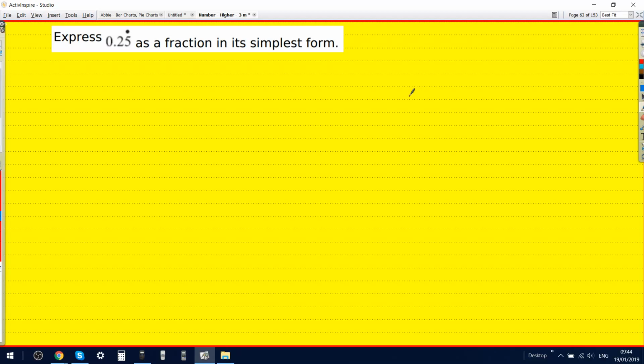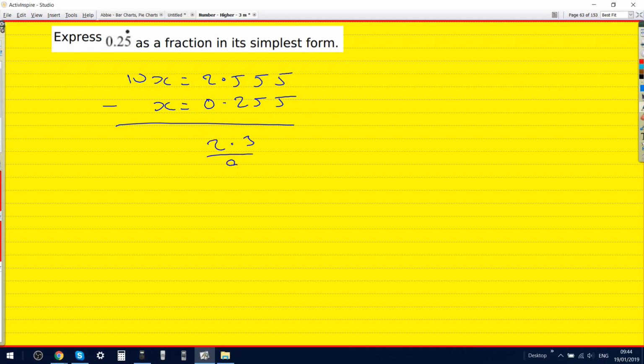So if I times it by 10, it'll be 2.5555 is 10x. 555, and yeah, and then you just do it the normal way. 25.5, take them away, and it's whatever over 9, and then just put it in your calculator. And that's the answer.